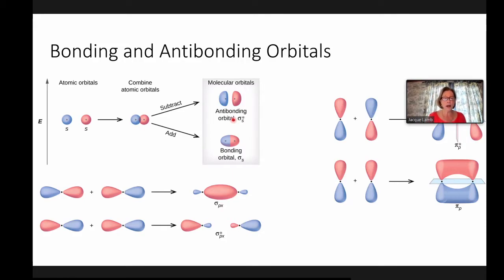If we're combining p orbitals, we have one p orbital, the one that's on the x-axis, that can approach end to end. That's going to form a sigma orbital. The bonding molecular orbital creates this large football shape between the two nuclei. The anti-bonding has most of the electron density outside the nuclei.